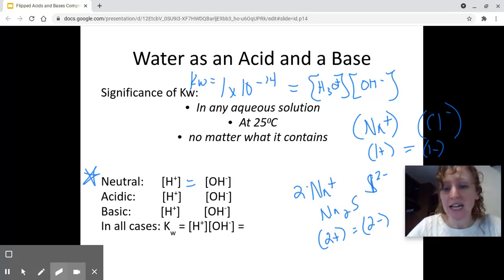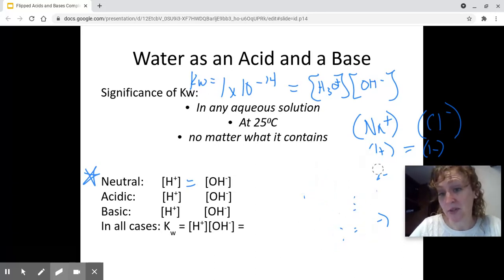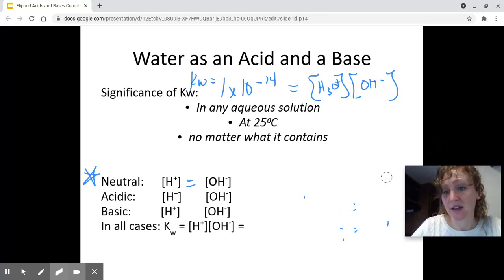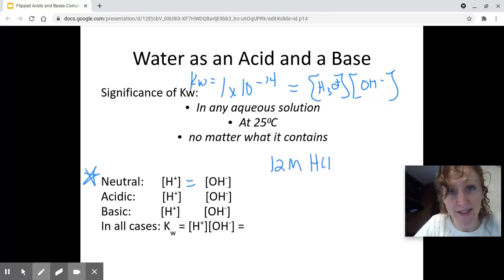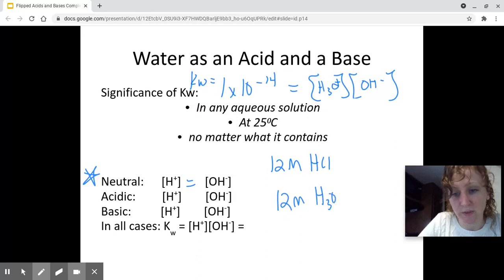So this is kind of an extreme concept, right? You can actually take solutions that are very dangerous, like let's say 12 molar hydrochloric acid, which would give you 12 moles per liter of your hydronium ion.